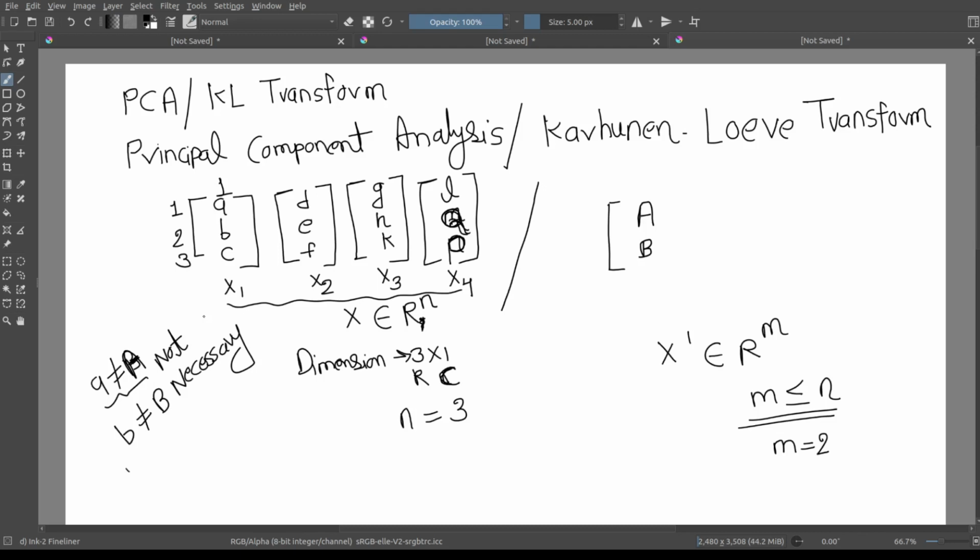Sometimes they can be equal, but in general they are not. So I have created the reduced dimension space, which is now 2 cross 1.